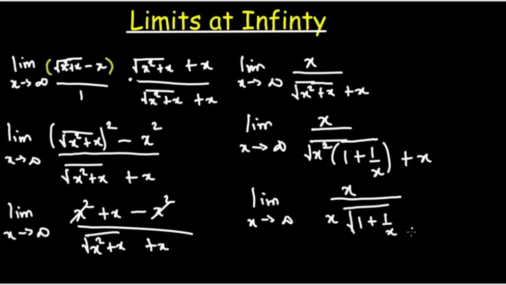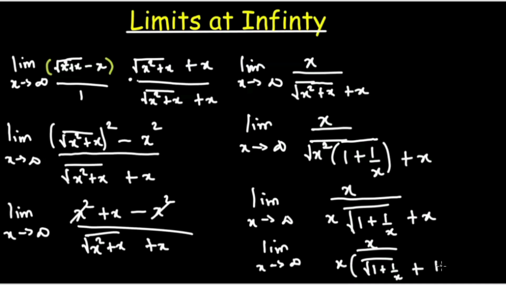Alright, so now I have x common to my numerator and my denominator, so I could say this is the limit as x tends to infinity of x all over x common to this and to this, so x into the root of 1 plus 1 over x plus 1. Alright, when I open this bracket, I'm going to get this expression back. x times this is x times root 1 plus 1 over x, then x times 1 is x. So x cancels out x.